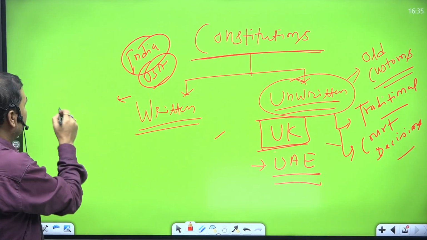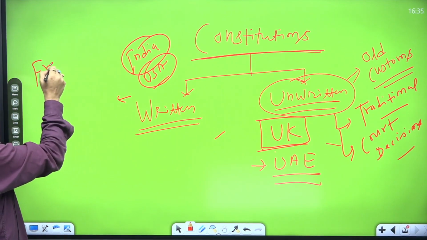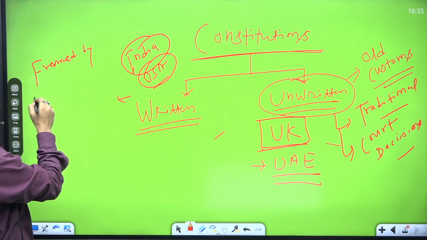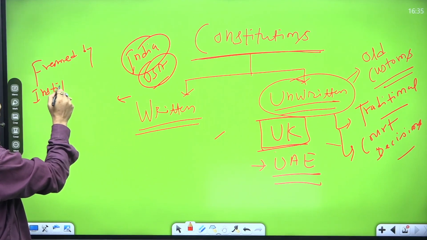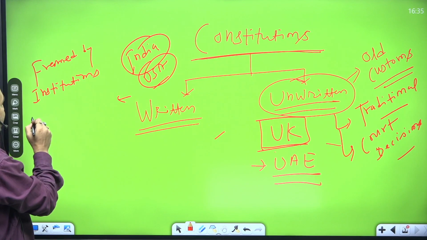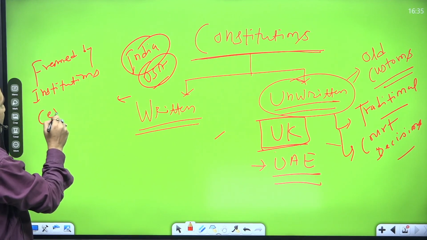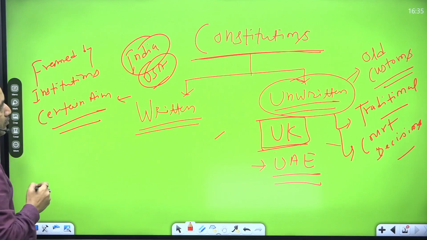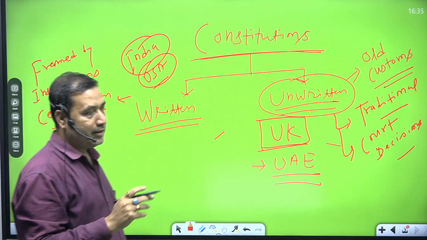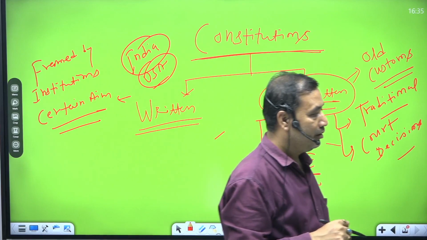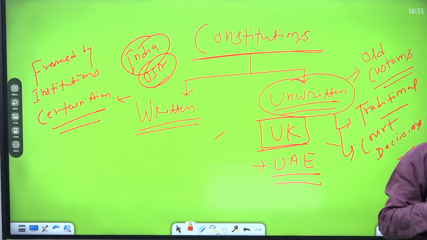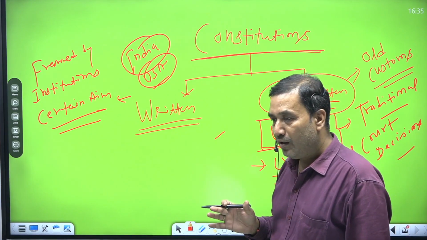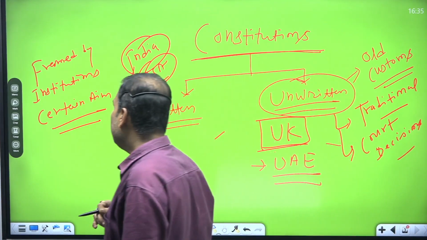Those constitutions are framed by institutions, and they have certain aims, and are called written constitutions. For example, India. For example, USA. Okay, done, understand?